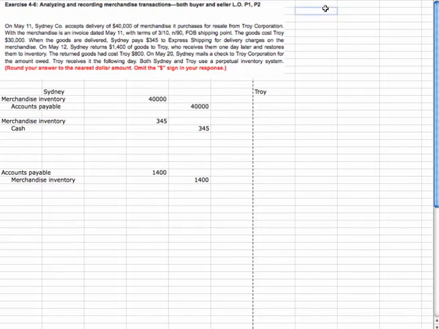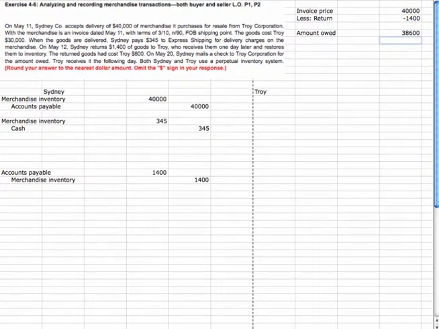If we take the purchase price, or the invoice price, which was $40,000, less the return, which was $1,400, we can figure out how much was owed, which is going to be the $40,000 minus the $1,400. So we owe $38,600.